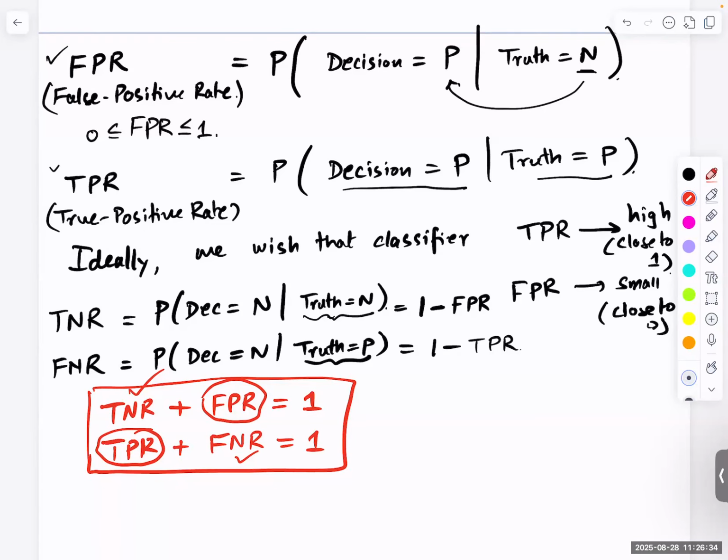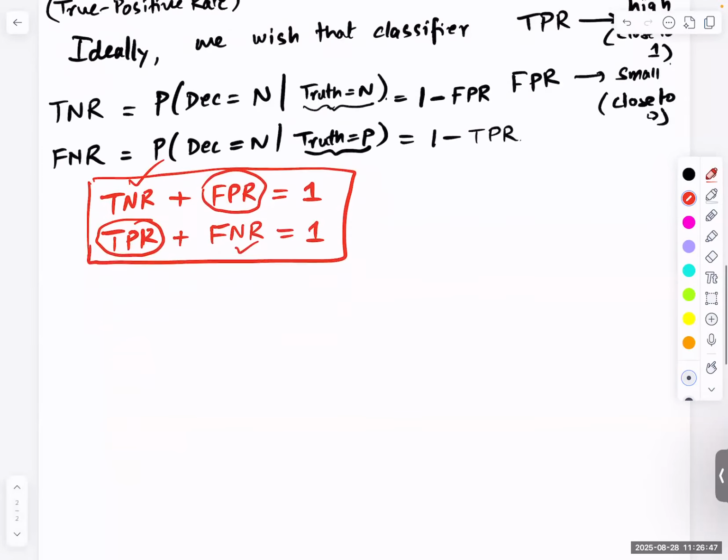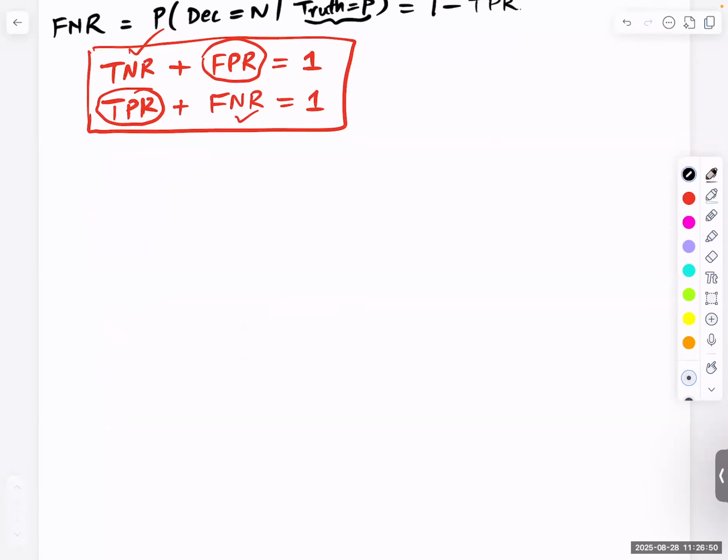When we think about binary classification problems, we evaluate them and visualize the performance in something called a receiver operating characteristic, or ROC for short.